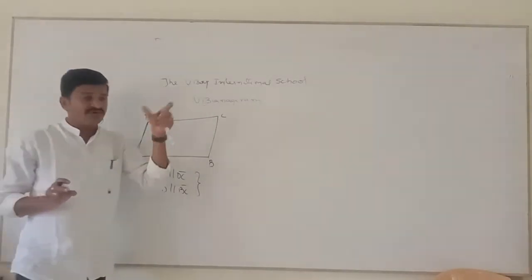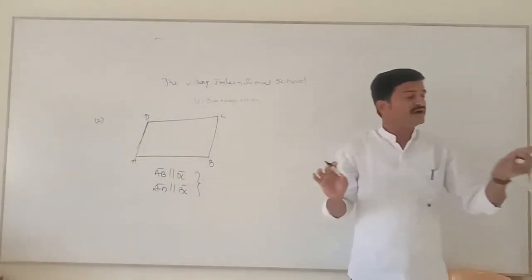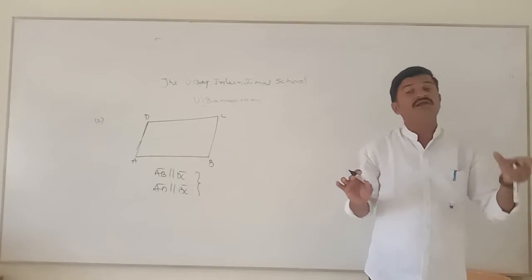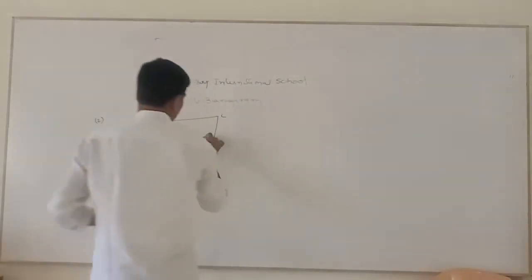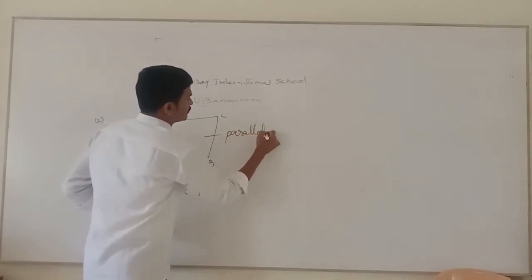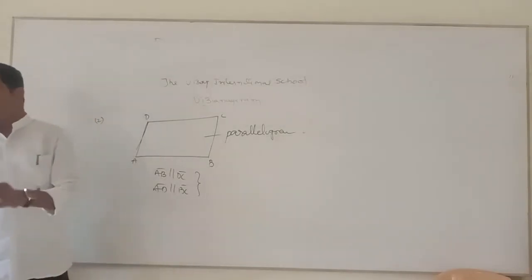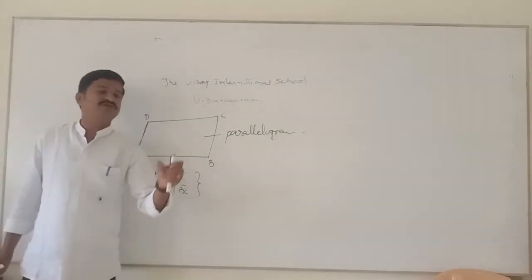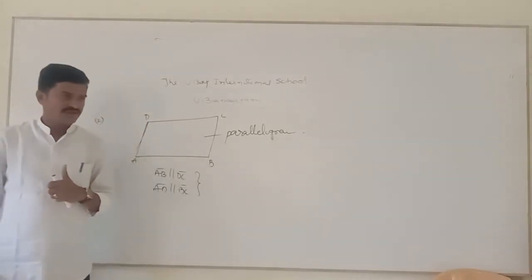When in any quadrilateral both pairs of opposite sides are parallel, then it is called a parallelogram. This is the parallelogram. In any quadrilateral, if both pairs of opposite sides are parallel, then that quadrilateral is called a parallelogram.